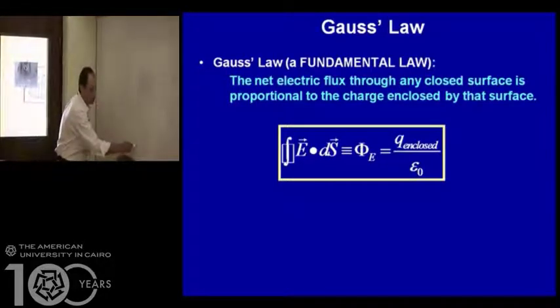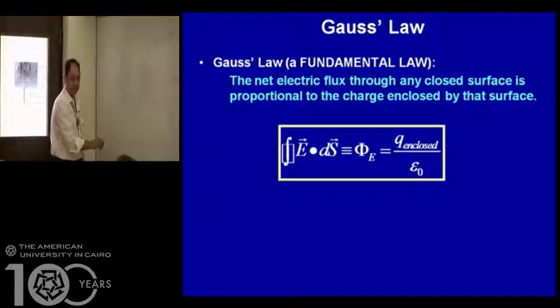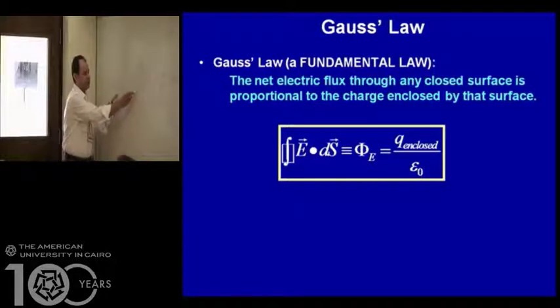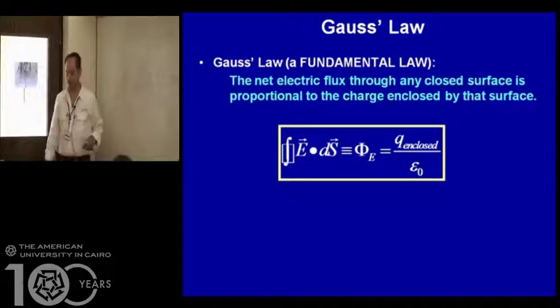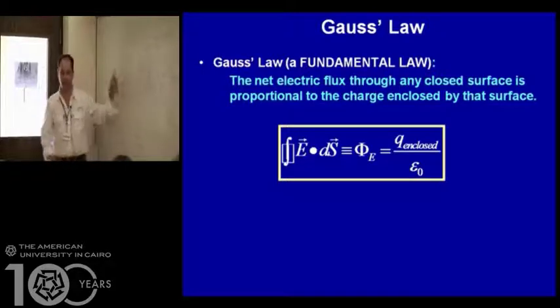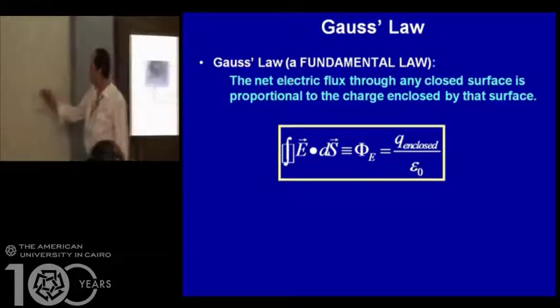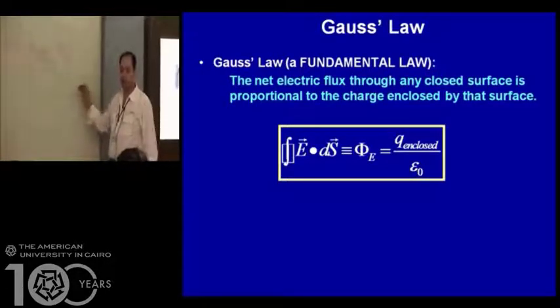If you choose a segment here, it will have an electric field in that direction. If you choose a similar segment here, it will have an electric field in that direction. Those two electric fields, the components along the x-axis will cancel out. The component along that axis will add up. So we'll have all the components along this. So from that wire, the electric field is always perpendicular in that direction.